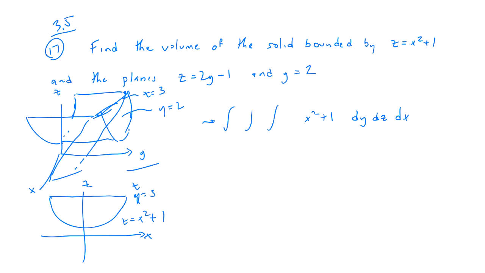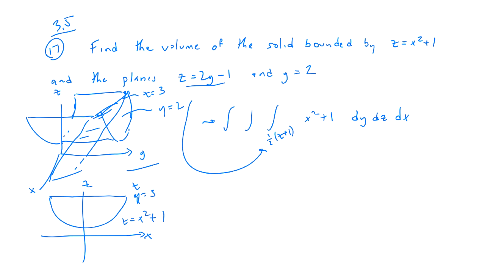So you can kind of see, not easily from my picture, but we have the plane here on the left. So we have to solve for z equals 2y minus 1 in terms of y. So we get 1/2 z plus 1/2. And on the right, it's easier.